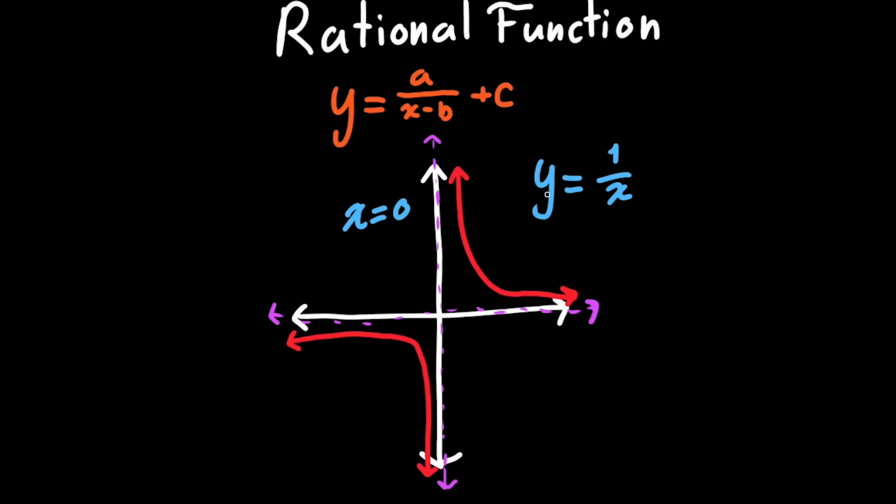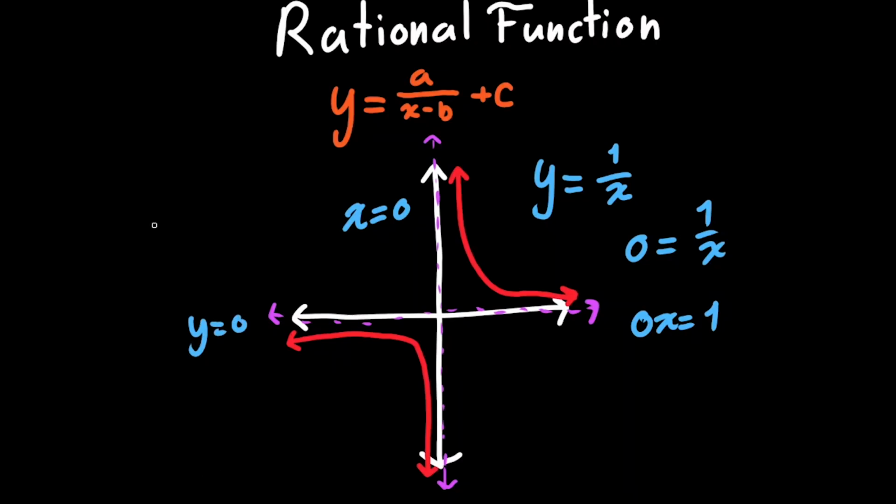You would not be able to get any number. 0 is equal to 1 over x; multiplied by x, you get 0 equals 1. No value, you can't get any value for x. So that's why y is equal to 0 is also an asymptote on this rational function.